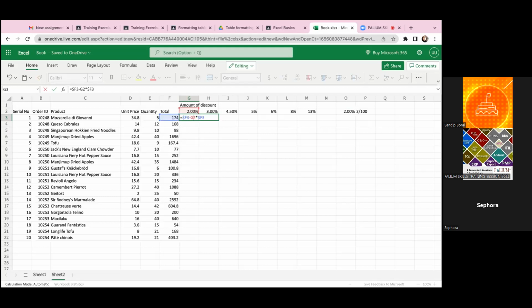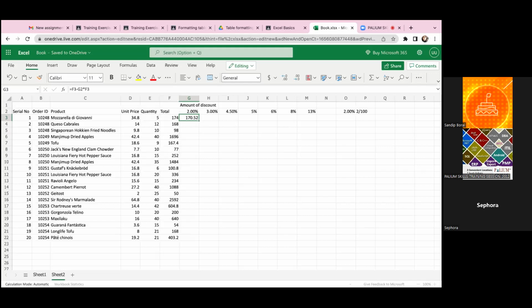And here it will be before 2. Very good, Sephora. You got it clear. Okay, now it makes sense. It's very confusing with just numbers, but focusing on the cells is better.